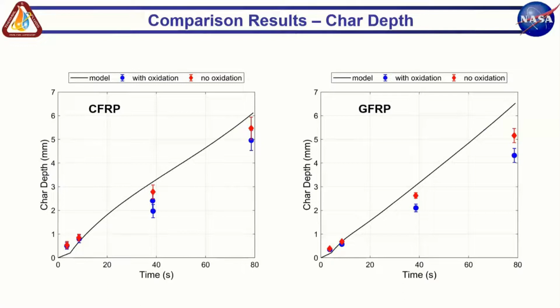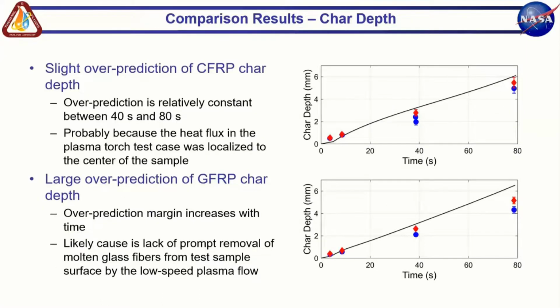So you can see the results of the model versus the test data here. And you can see that there is a slight overprediction of the CFRP char depth, and it's relatively constant between 40 and 80 seconds. This is probably because the heat flux in the plasma torch test case was localized to the center of the sample and not spread over the entire top surface of the sample as in the ORSAT simulation. There is an even larger overprediction of the glass fiber reinforced char depth.